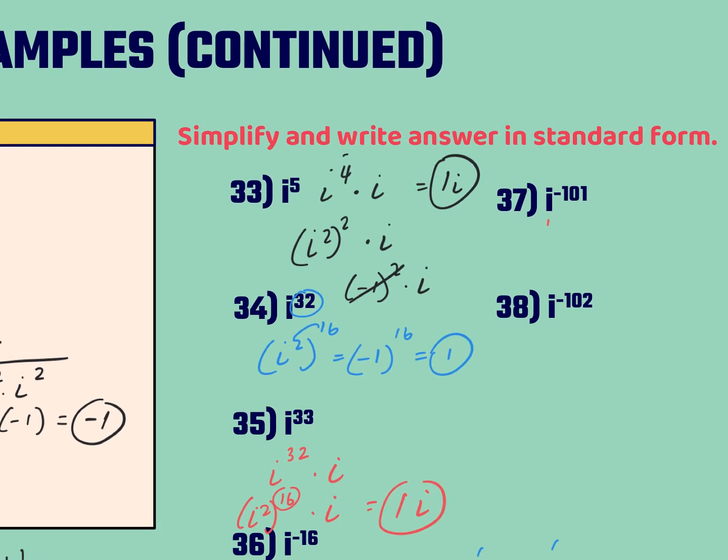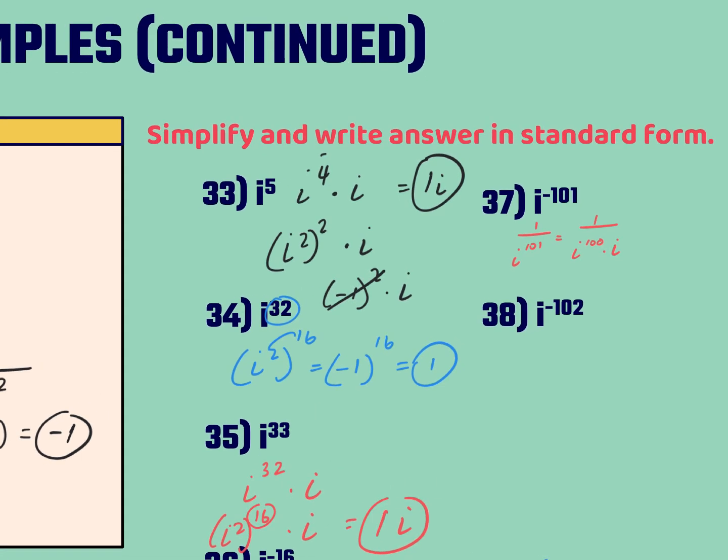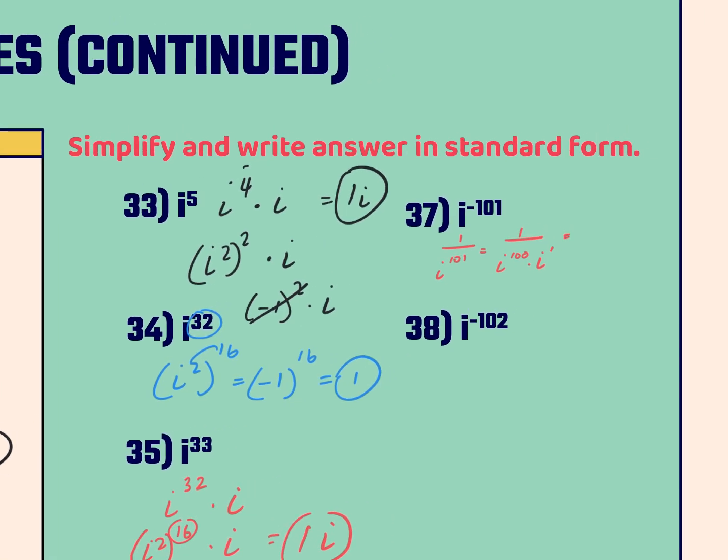So again, this is 1 over i to the 101 power. I'm going to simplify that and make it i to the 100 times i, because I know that i to the 100 times i to the 1 is i to the 101. And again, now I'm going to change i to the 100. I'm going to make it i squared to the 50 times i.